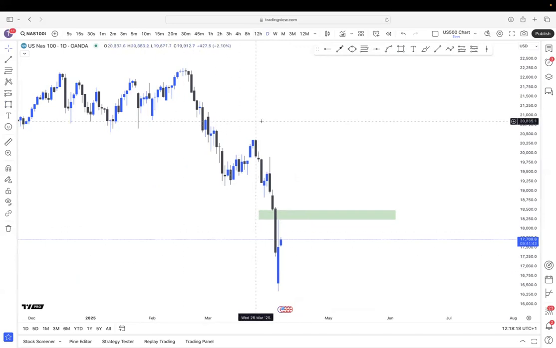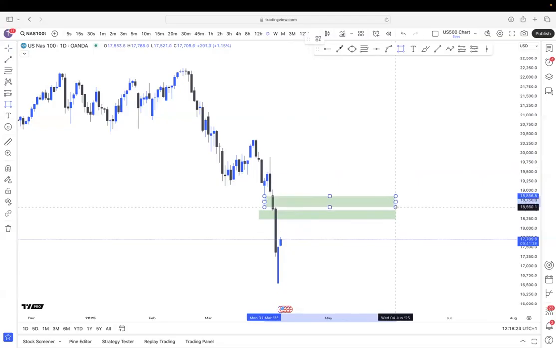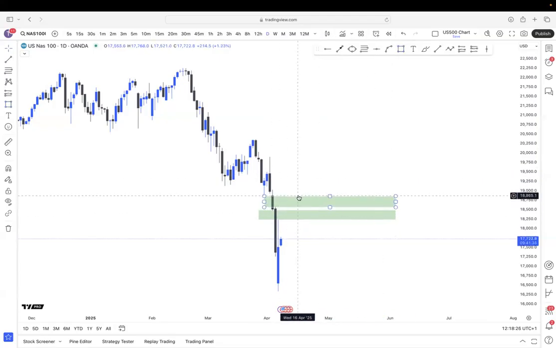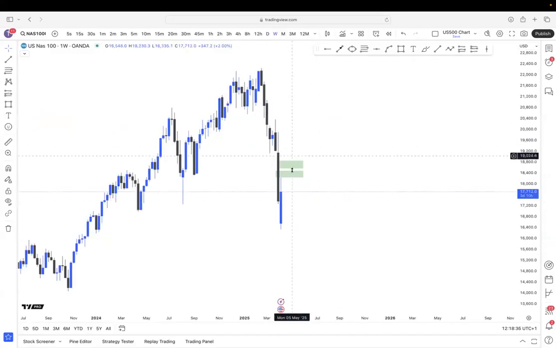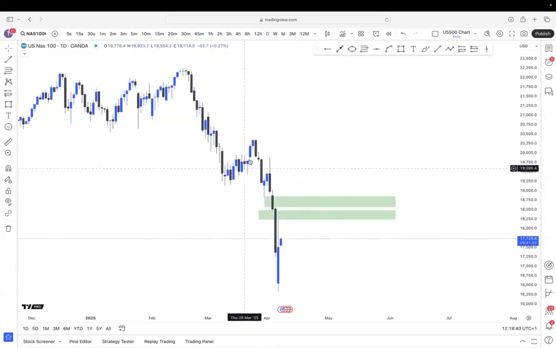And I want to make sure that whatever happens during this program, you're not overcomplicating it, because a lot of people would look at two areas of imbalance and think, well, which one do I wait for? And the truthful answer is that we don't know which one it's going to tag itself into. But what we do know is that there are two areas of inefficient price action. And if we look at this from a weekly perspective, that could end up being one area of inefficient price action, as opposed to the daily that has got two.